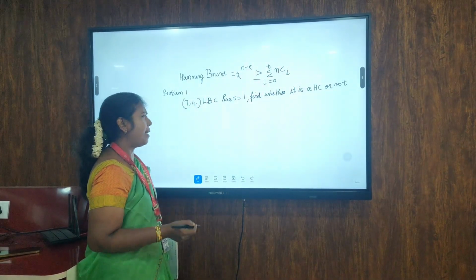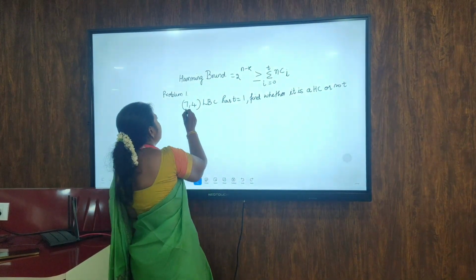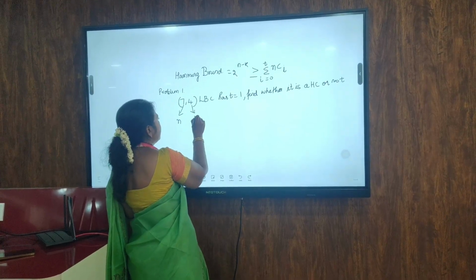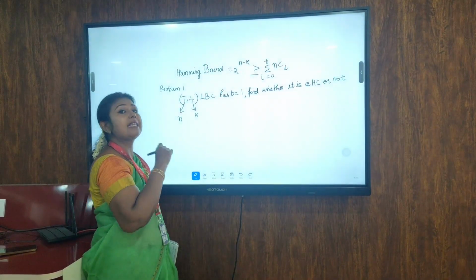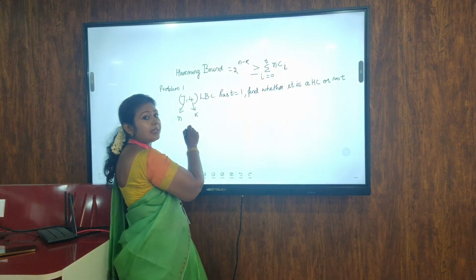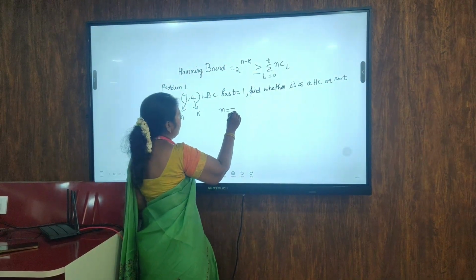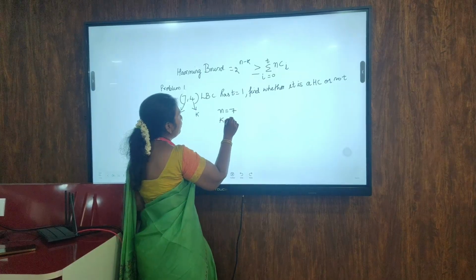Find whether it is a Hamming code or not. Now, this 7 represents n, this 4 represents k. n means the encoded bits, k means the original message bits. So, n is equal to 7, k is equal to 4.